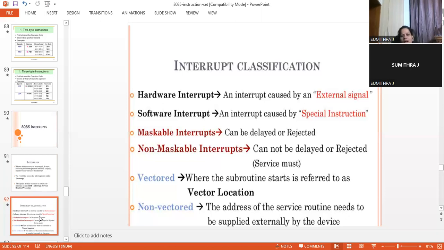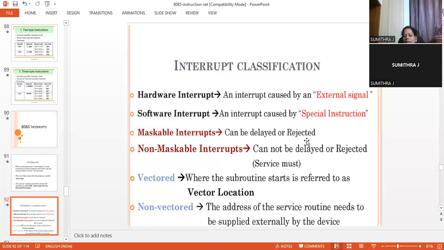And the next one is maskable interrupts. It is not necessary that only one interrupt will be generated at a time. We may have a number of interrupts at a time. In such cases, the processor has to assign some priority.